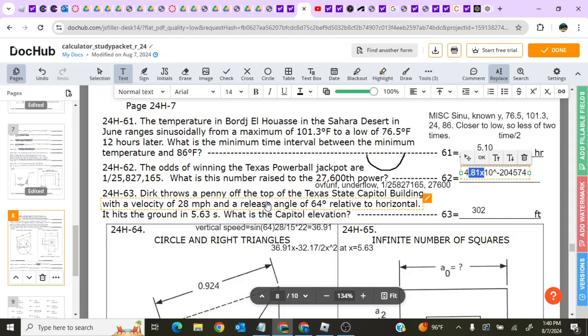The equation for distance is acceleration over 2 times x squared plus velocity times x plus your initial position. So, we need to figure out the vertical speed. That's all that really matters for the Capitol elevation. So you have to take the sine of the speed.